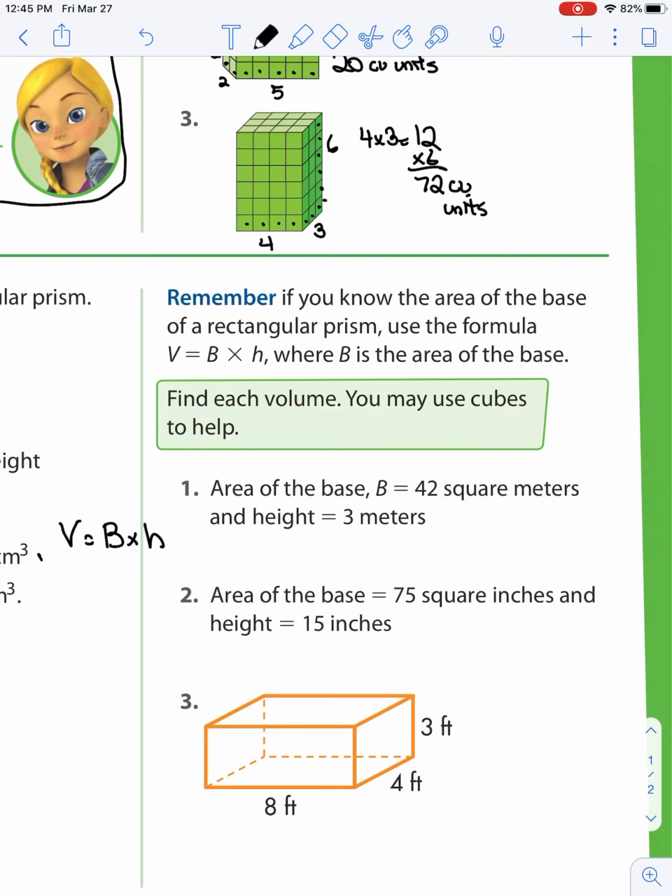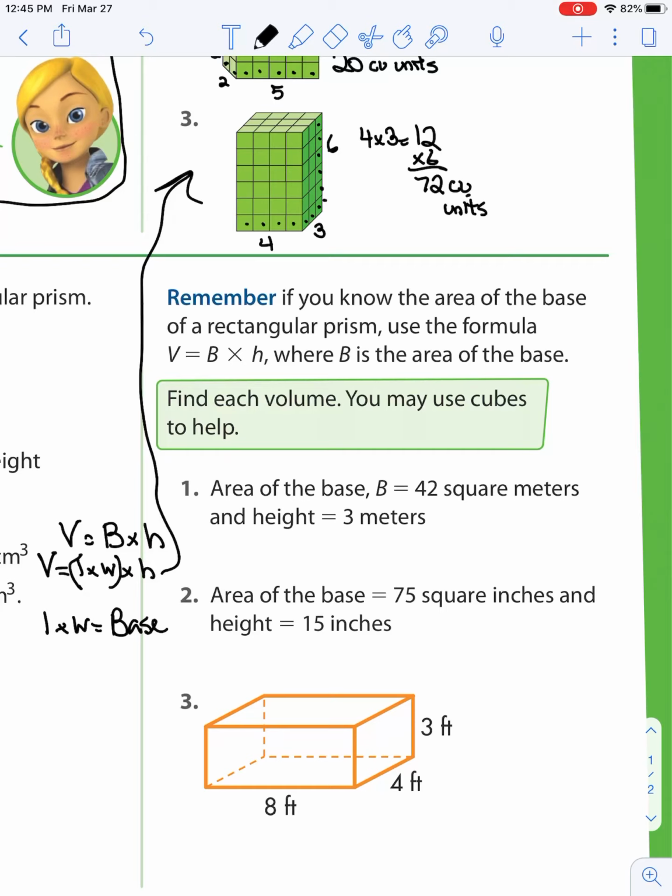Or you could use the formula volume equals length times width times height, like we did up here. Now the base times height is just a short way of doing this, putting parentheses around the length times width, because length times width is the same thing as the base. And then, of course, we'd have to multiply the base times the height to get the full volume.